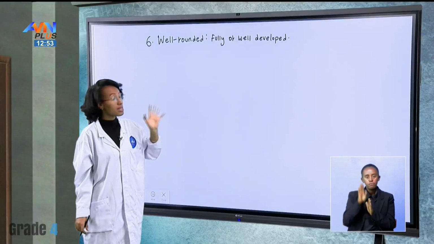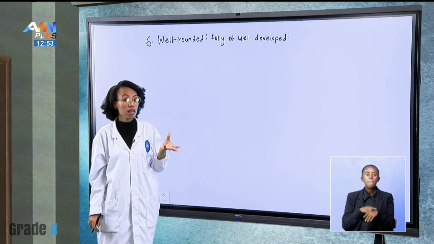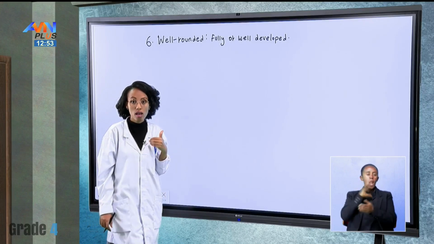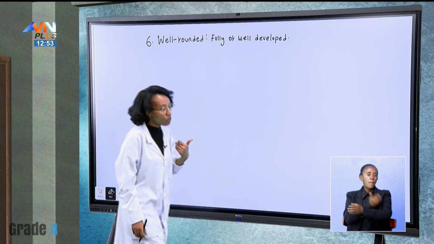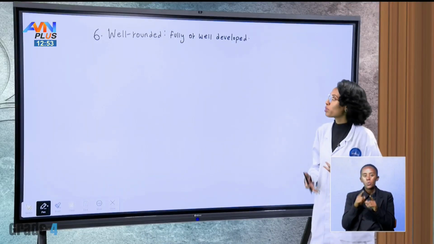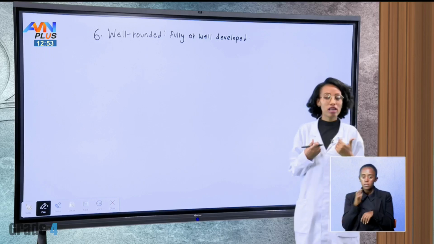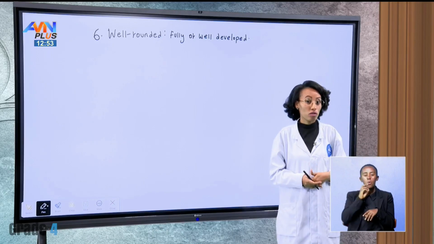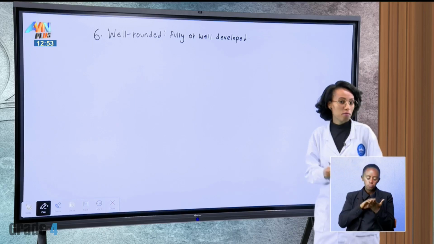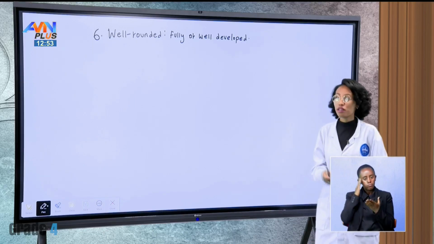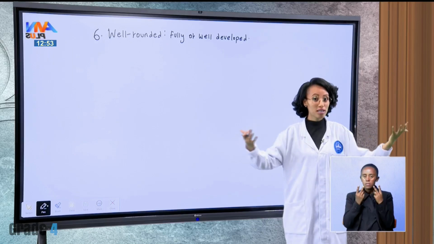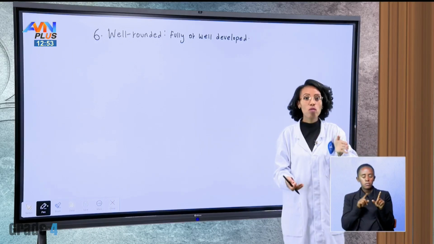So this time it could mean someone's mental capacity. When we talk about some people, we say they are very well-rounded. What that means is they are well-read, they have read a lot of things, they know a lot of things, and they see things from different angles, not only from one angle.